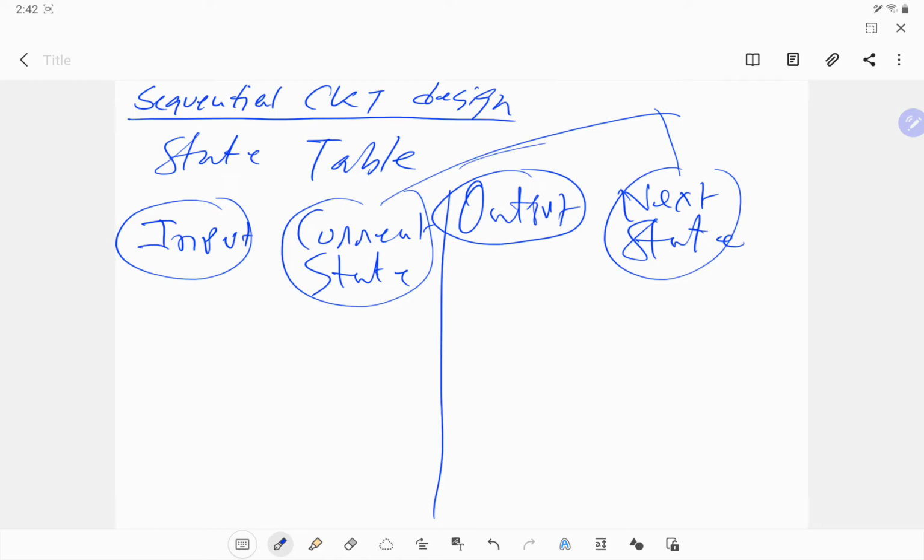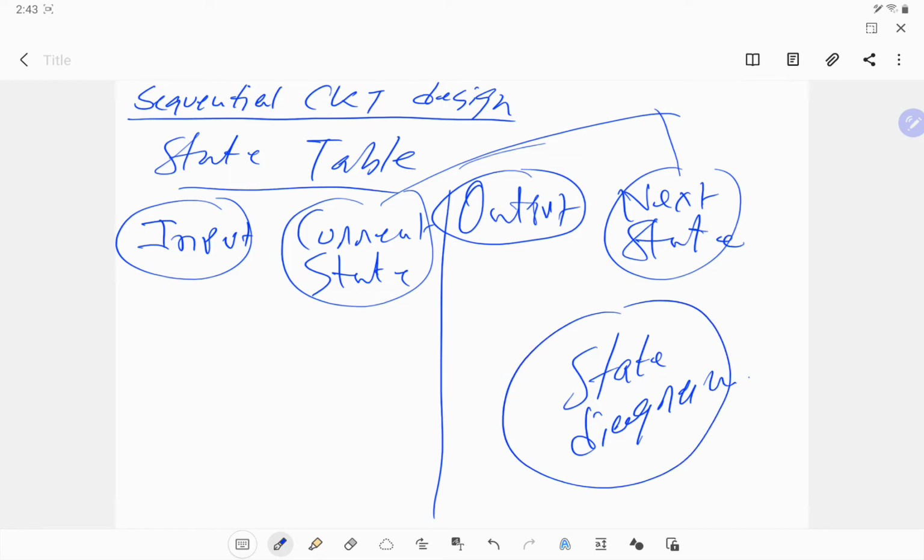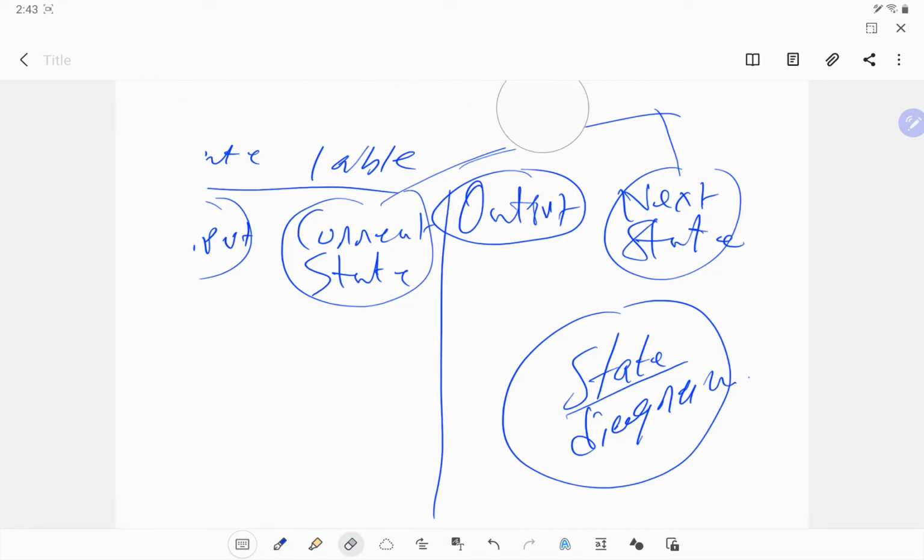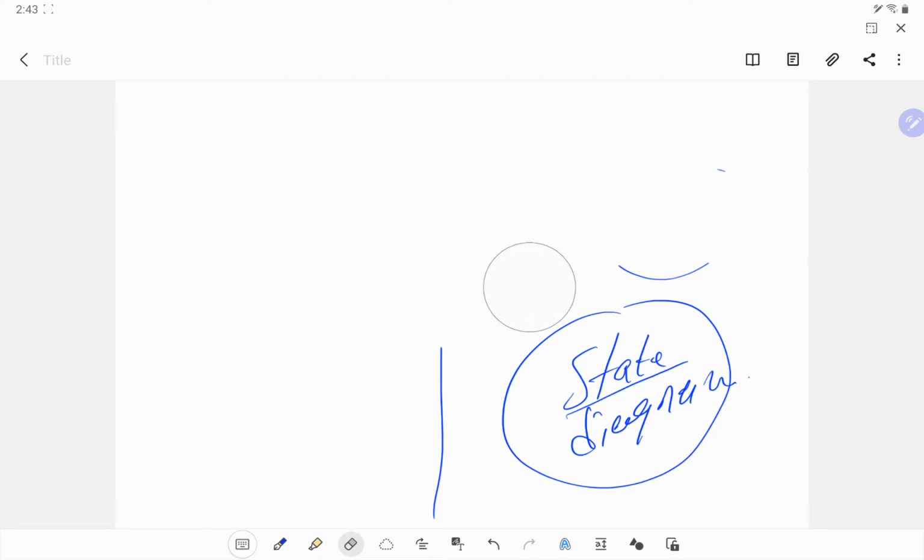Every state table can also be represented graphically, and that graphical representation we call a state diagram. State table and state diagram contain the same information, just in two different representations. Sometimes the state diagram is easier to follow because it is in graphical form. We want to see this state table and state diagram by using an example.